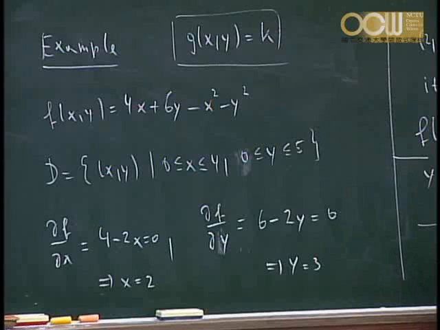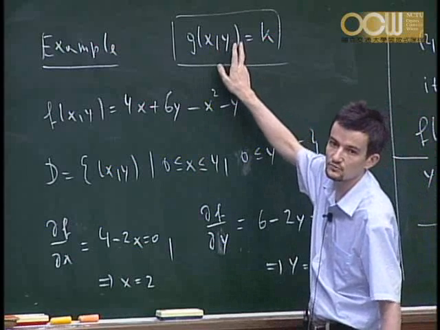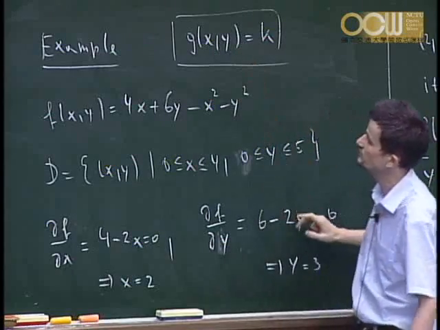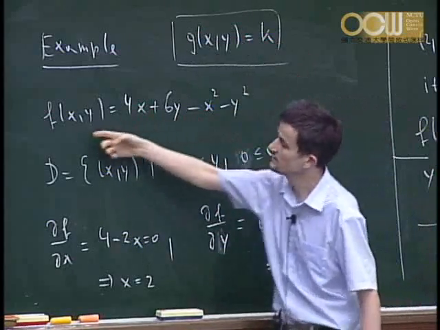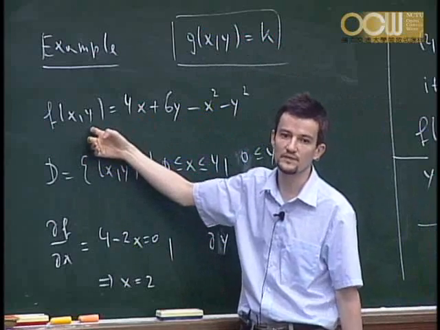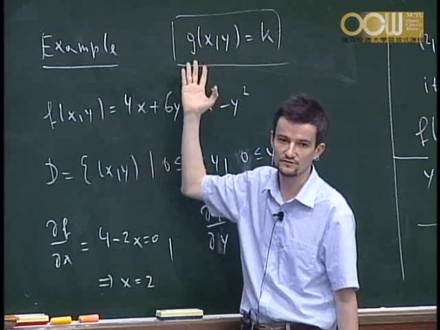But the real problem arises if you cannot solve for x and y. Then you have a general problem: you are given a function and a curve, and you have to find the absolute maximum and absolute minimum of this function on the curve.